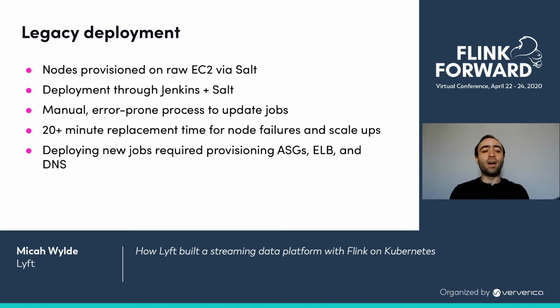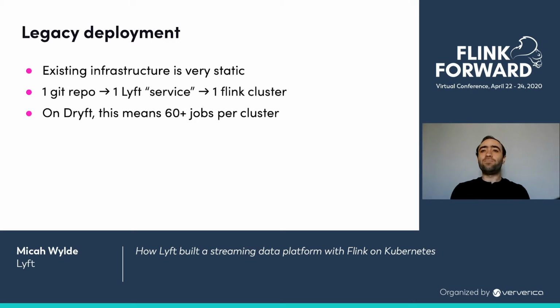So if a node died, there's potentially a long wait, potentially with the job down, before we could get those nodes back up. And it just required a lot of infrastructure for every single job. We have ASGs, we have ELBs, we have DNS, and it made it very hard to be more dynamic with our infrastructure. It's very static.